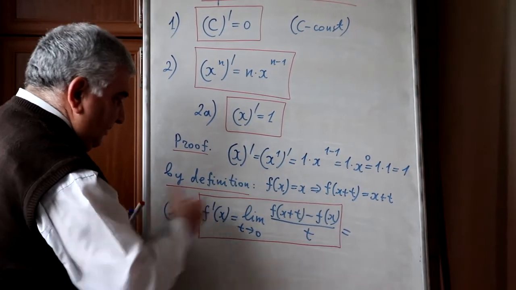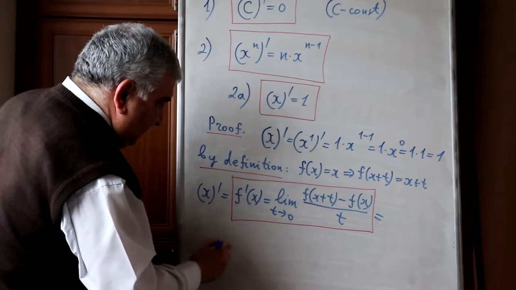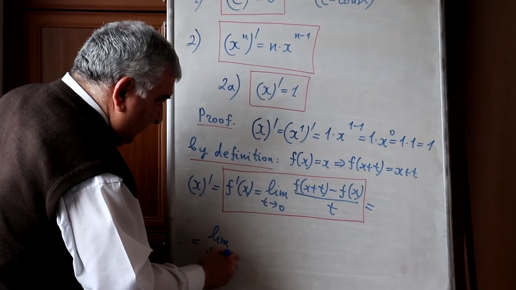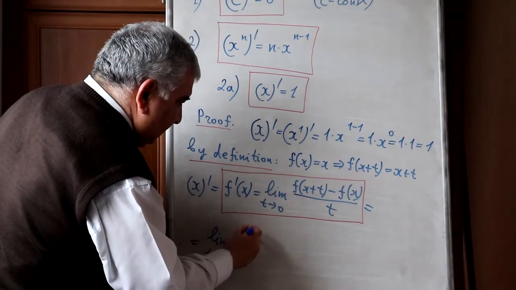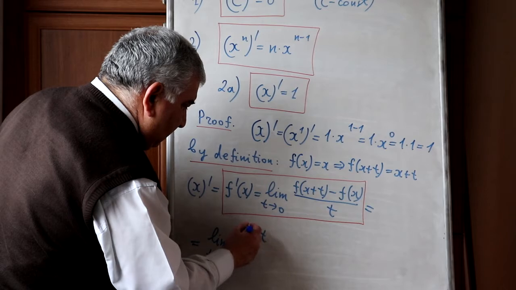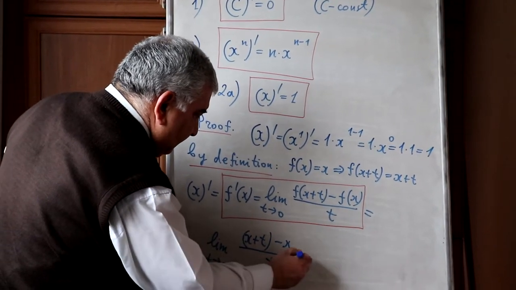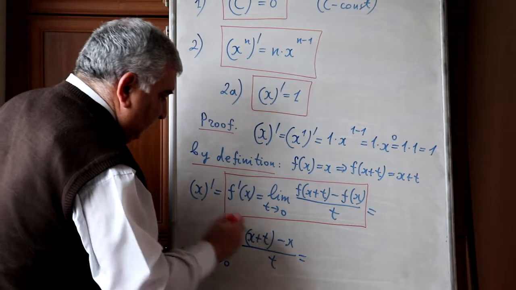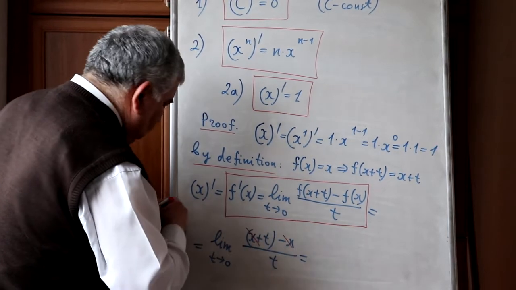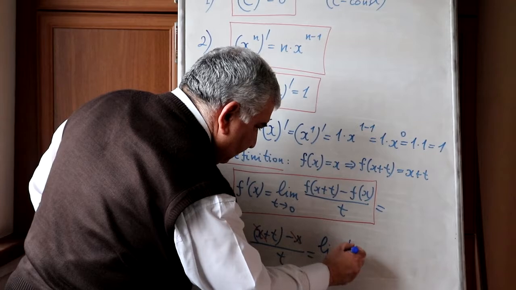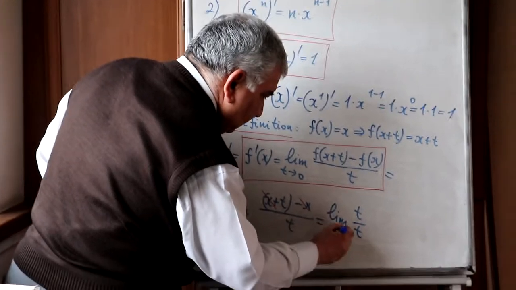Then substitute obtained expressions, limit when t tends to 0. F of x plus t is x plus t minus f of x is x, divided by t. Here x and minus x are deleted, then we have t over t. Limit of t over t when t tends to 0.